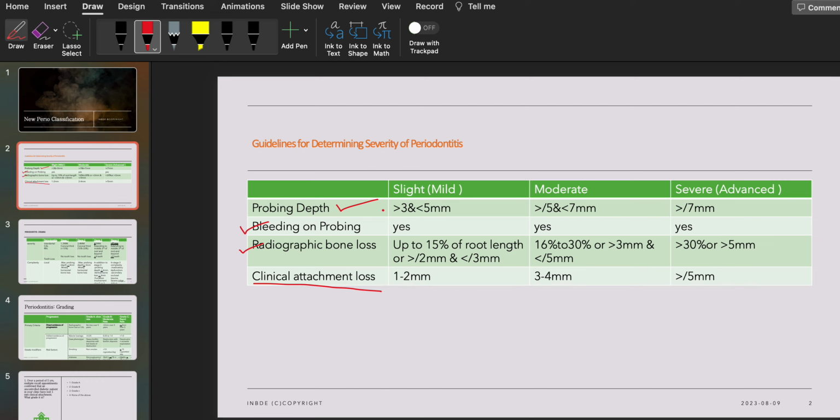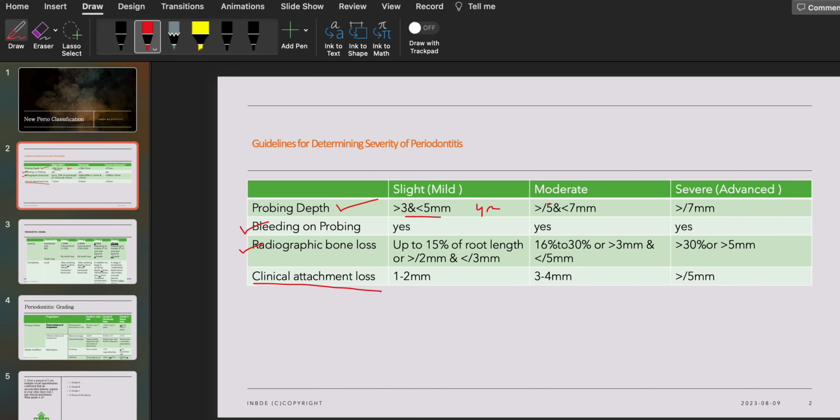Now let's go ahead to the probing depth, especially for the slight and the mild cases. The probing depth will be more than 3 or less than 5 millimeter, so if it is less than or equal to 4 millimeter, that is going to be our mild periodontitis. The moderate is going to be greater than or equal to 5 and less than 7 millimeter.